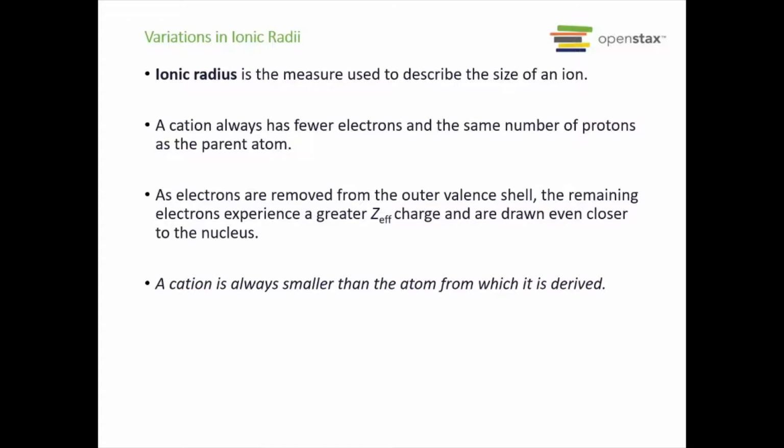So your friends at that party, one of your buddies leaves, hey, more food for me because the amount of food in my food nucleus hasn't changed. So I can get closer to the food. A cation, therefore, is always smaller than the atom from which it's derived.